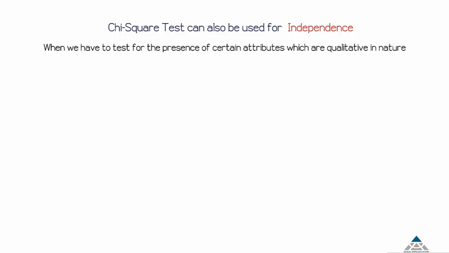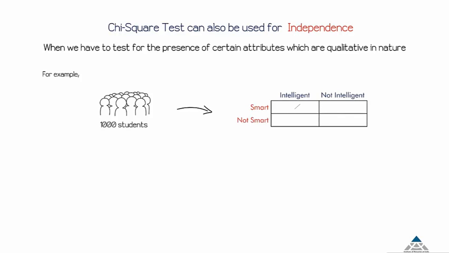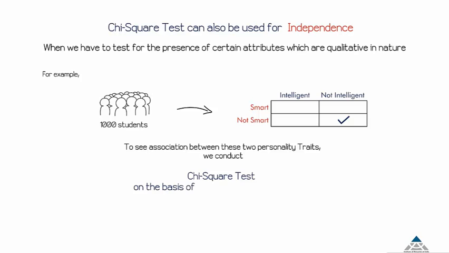For example, if we have a pool of 1,000 students and we want to categorize them into 4 groups, namely smart and intelligent, smart but not intelligent, not smart but intelligent, and neither smart nor intelligent. To see if there is any association between these two personality traits, we conduct a chi-square test on the basis of the frequencies generated in these groups.